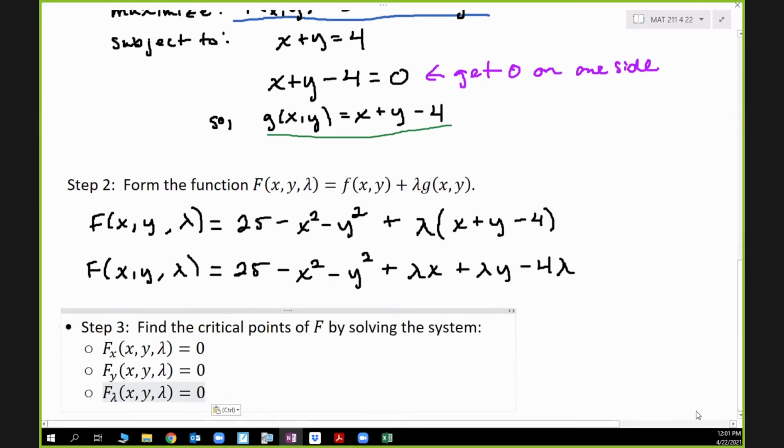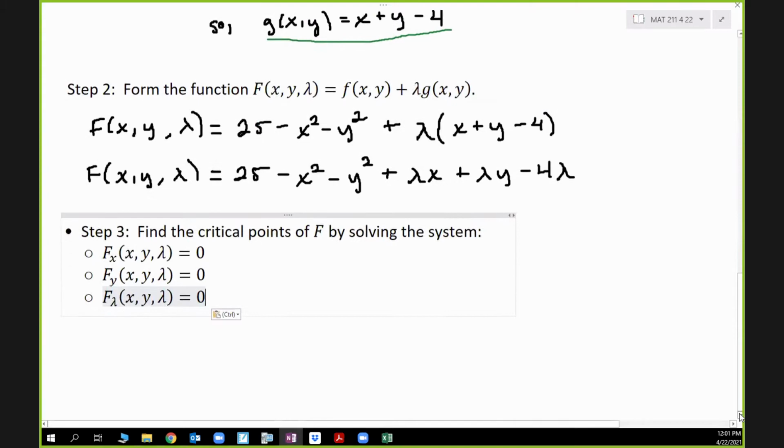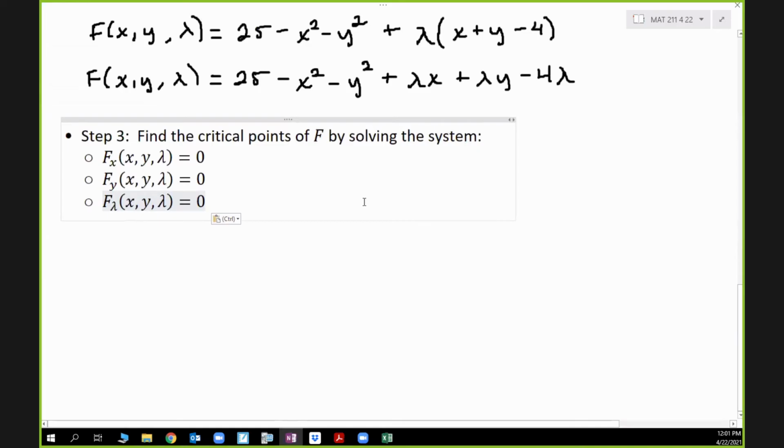There we go. Okay, so step 3. We are finding the critical points of capital F now, so our 3 variable function, which means we need to find the partial derivative of F with respect to x, with respect to y, and with respect to lambda.